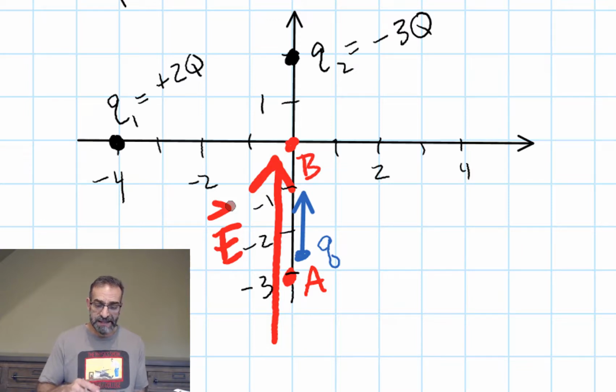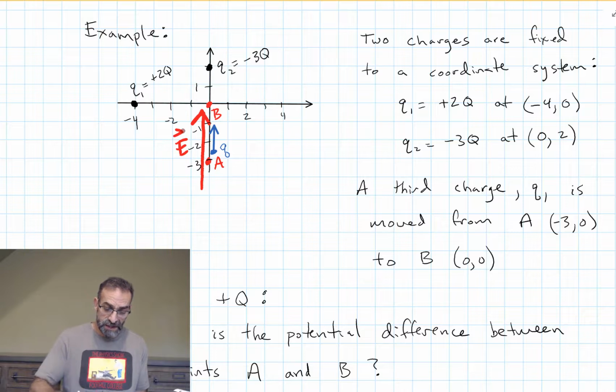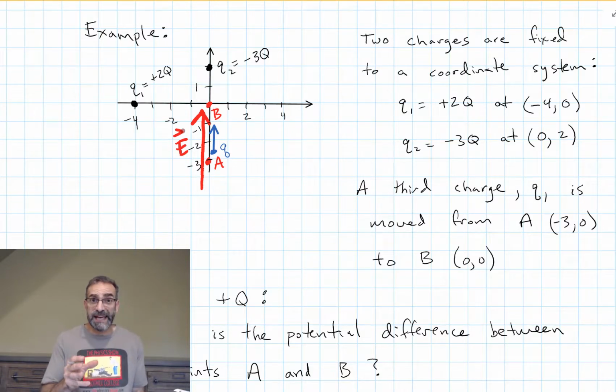And the potential at A is greater than the potential at B. Our little q that we're releasing at point A is positive. Positive charges want to move in the direction of the electric field. They feel a force in the direction of the electric field. So the electric field is pushing on it from A to B.